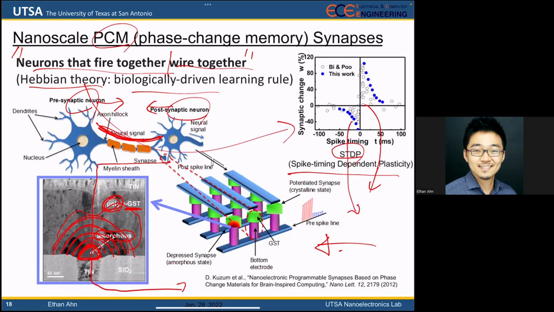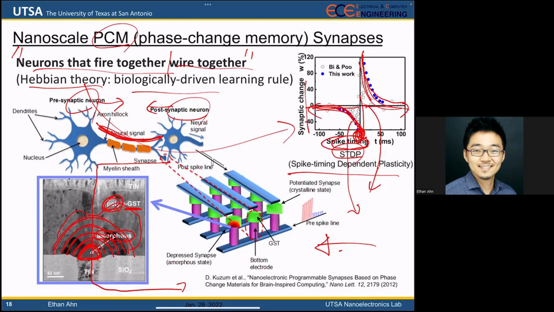You see, overall, it represents exactly the same trend of this learning rule. If the spike timing difference is almost 0, then your synaptic change is maximized. And if the timing is large, meaning they come at different timings, then your synaptic strength weakens. That can be exactly explained by this device technology.